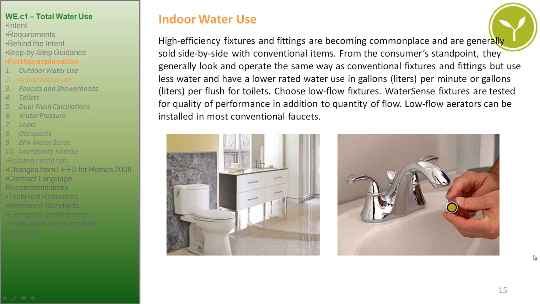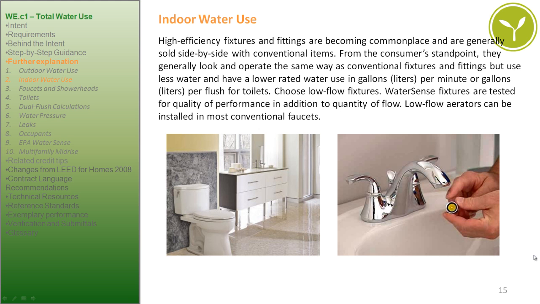Indoor water use. High-efficiency fixtures and fittings are becoming commonplace and are generally sold side by side with conventional items. From the consumer standpoint, they generally look and operate the same way as conventional fixtures and fittings, but use less water and have a lower rated water use in gallons or liters per minute, or gallons or liters per flush for toilets.